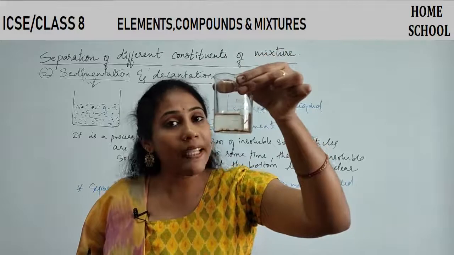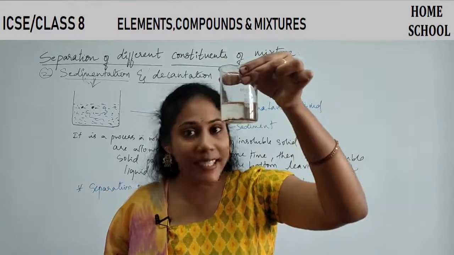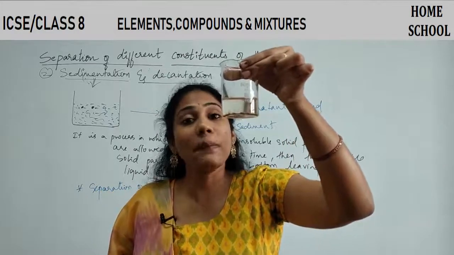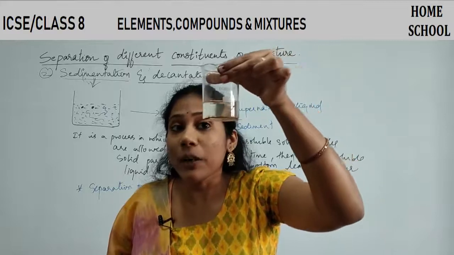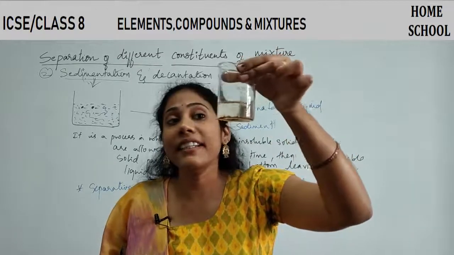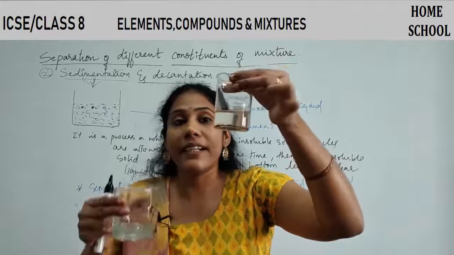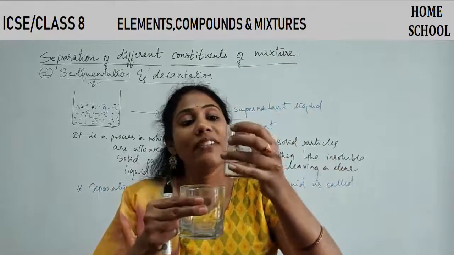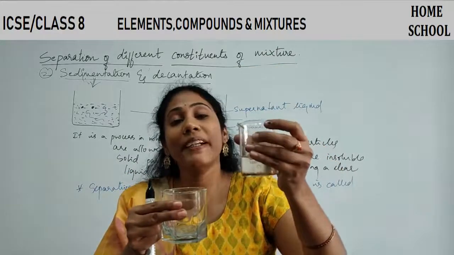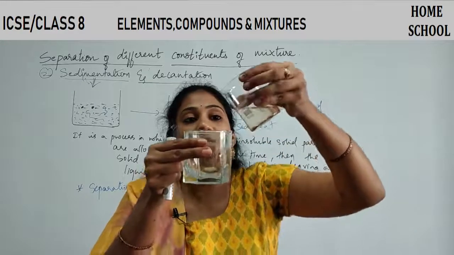So now I have to separate this liquid from that sediment. So that insoluble solid getting settled down at the bottom is called sediment, and the clear liquid on top is called supernatant. So what I will do now, I will separate that sediment from supernatant just by decantation.